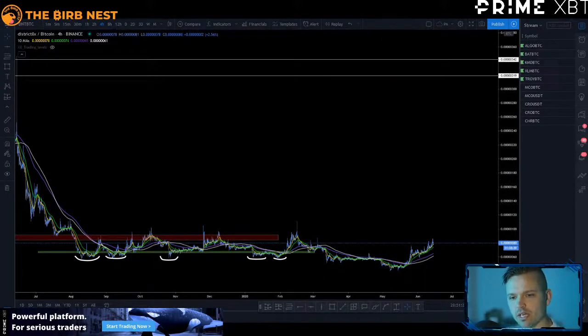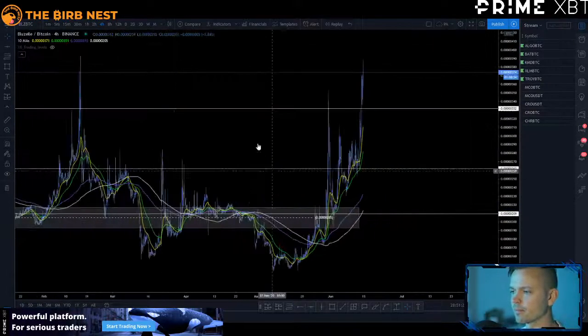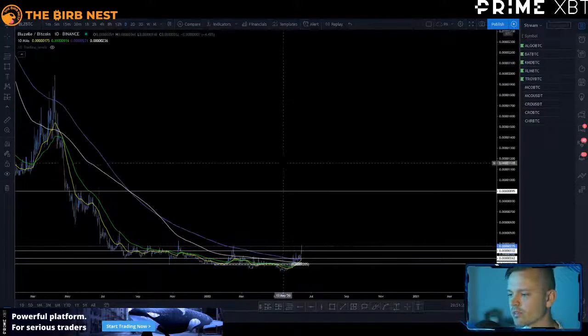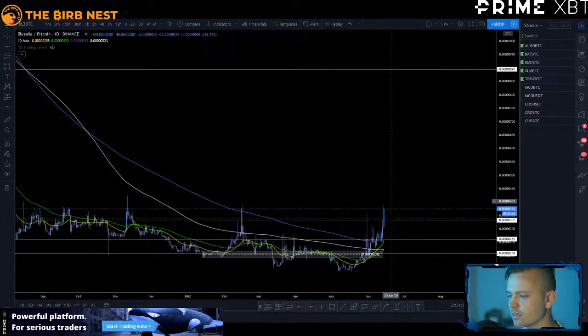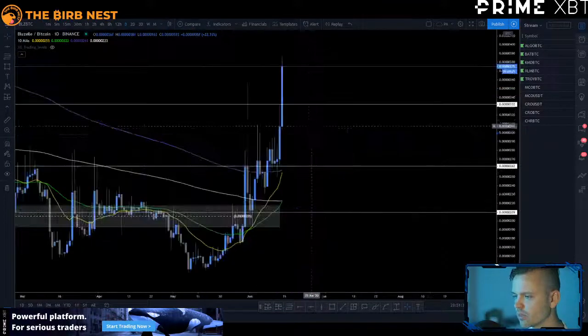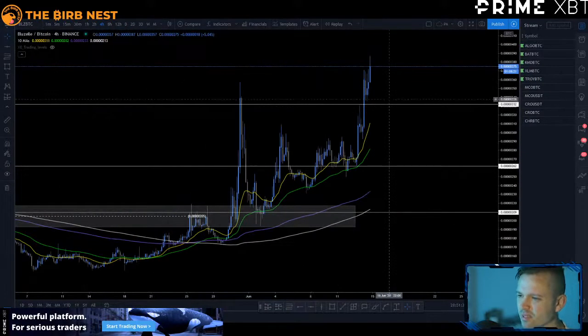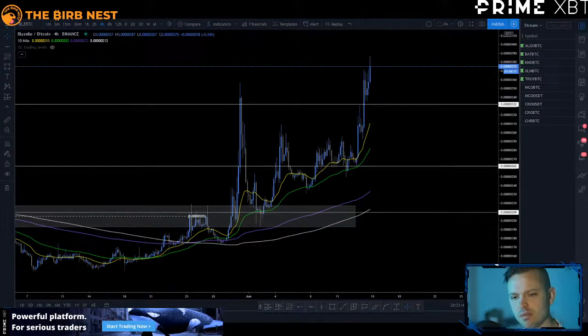Alright, so what else do we have here? Blue cell. This one had a pretty nice breakout, so let's see, are we seeing anything on the weekly here? I mean the daily. Yes, we have a pretty strong level here. It's untested. It's probably going to get front-run here, so that was the obvious setup I missed on that one.